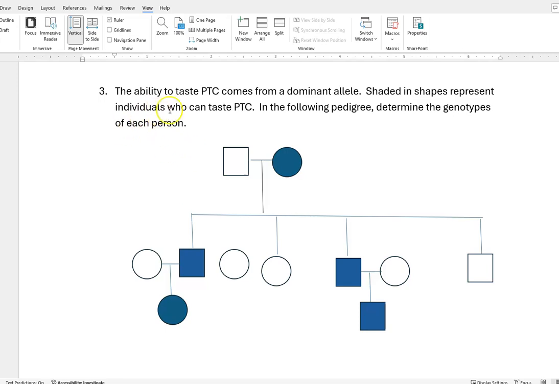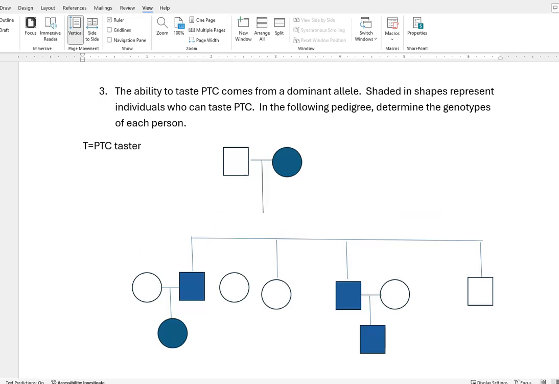So it says the ability to taste PTC comes from a dominant allele. So I'm going to put a big T here for being a PTC taster. And little t, my computer always wants to make it a big T. So not a taster for little t, right? So ability to taste PTC comes from a dominant allele.